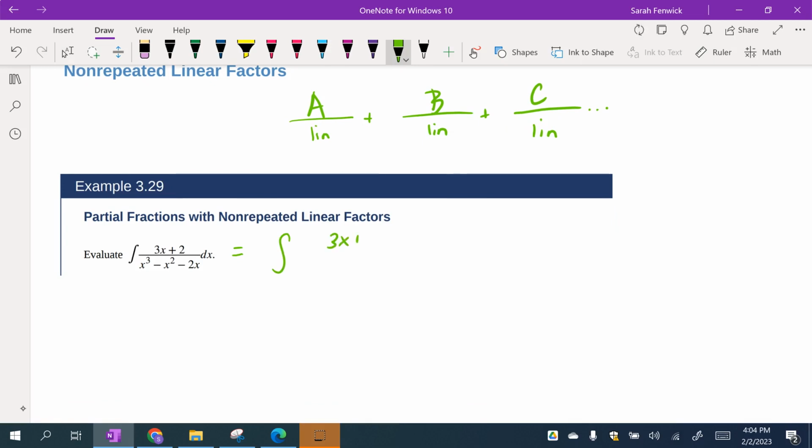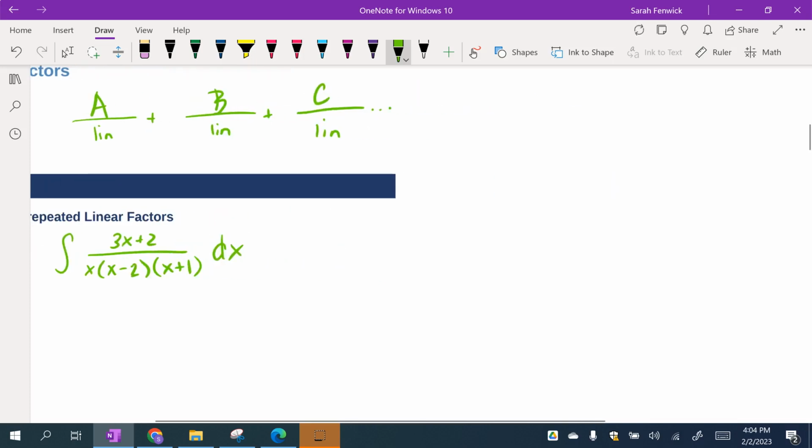So we have 3x plus 2 over x times x minus 2 times x plus 1 dx. So when I do my partial fraction decomposition, I'm going to have in this case a over x, plus b over x minus 2, plus c over x plus 1.